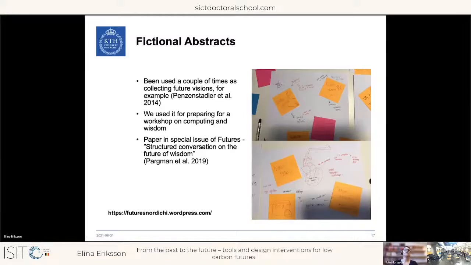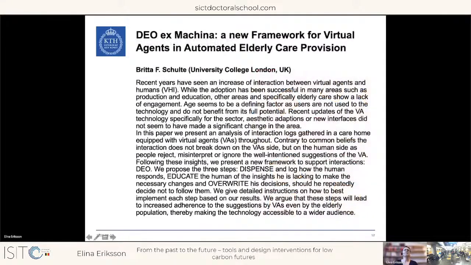And I'm going to read you a fictional abstract now so that you can see how it is a bit provoking. This was from Britta F. Schulte, and she sent in this abstract called Deus Ex Machina, a new framework for virtual agents in automated elderly care provision. Recent years have seen an increase of interaction between virtual agents and humans, VHI.